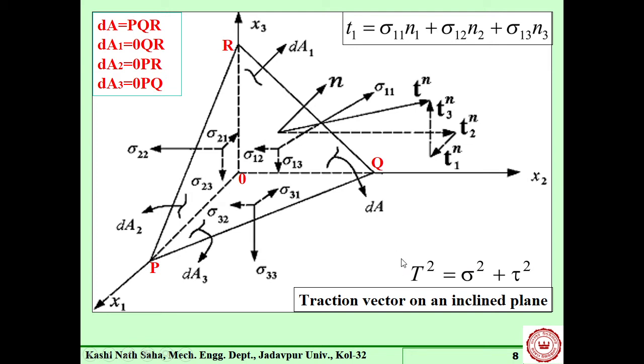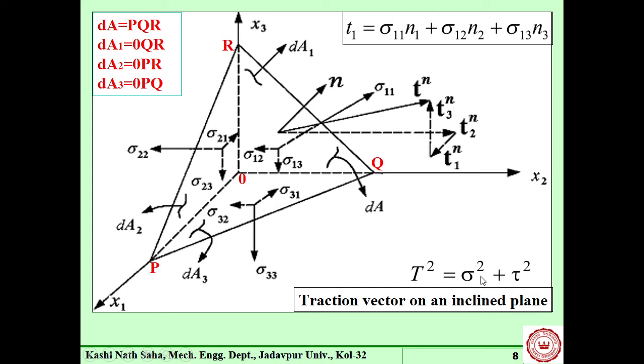So far we have evaluated only this component T1, T2 and T3 of our traction vector. But we can also compute this normal stress and this shear stress on this plane PQR. This tau is tau max on this plane. So this part we can do.